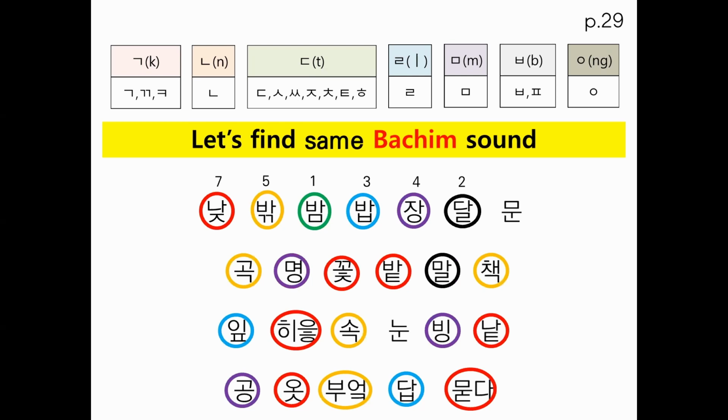Finally, the sound of 문, ㄴ. Yes, 2. There are 2 words with the same 받침 sound as ㄴ: 문 and 눈. Now that you understand the 받침 pronunciation, this is a part that you will gradually memorize as you read various words. Even if you cannot memorize them at once, as you read more words, you will naturally pick up on these sounds.